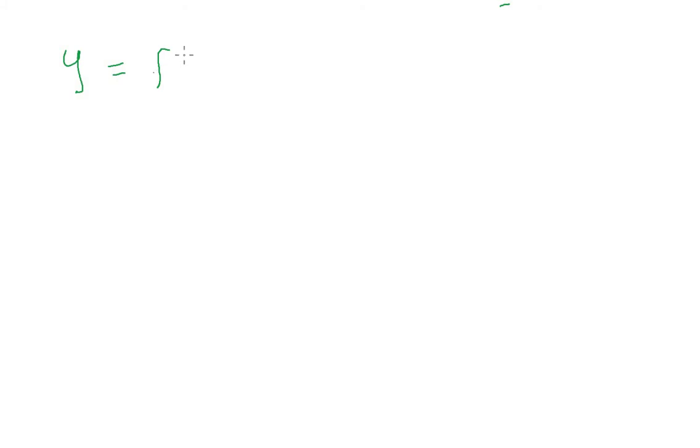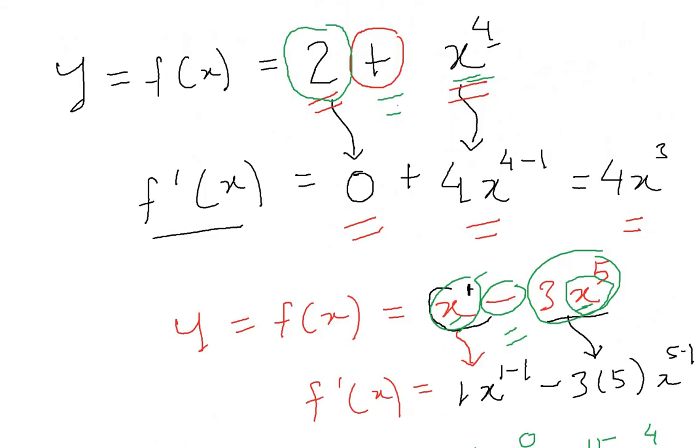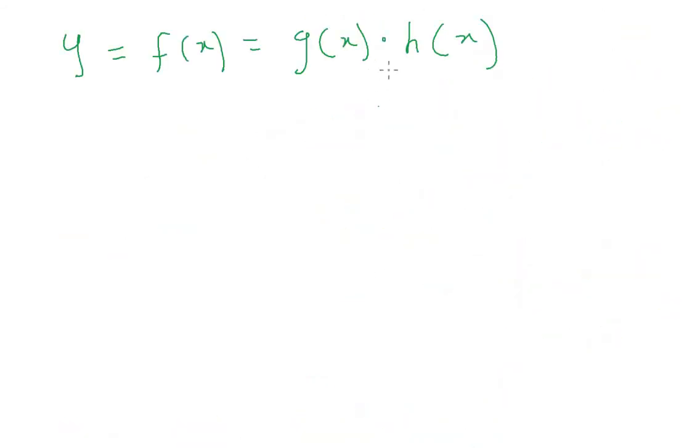So this is the third scenario, a different scenario. So in this case, we have a function where two different functions are being multiplied. So please note the difference. Previously we were adding or subtracting. Let me use a different color here. So previously you were adding or subtracting, but now you are multiplying, right?